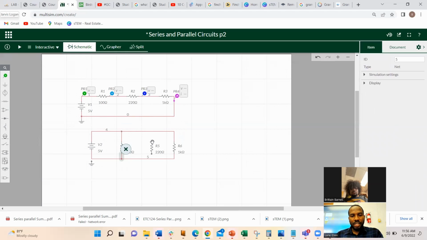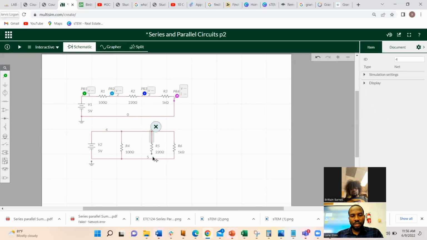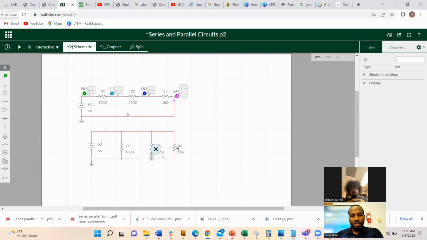They have the same potential across them. And we also know that the current that is flowing in the circuit is based on the resistance of the resistor. And again, Ohm's law tells us that the larger the resistance, the smaller the current. The smaller the resistance, the larger the current.